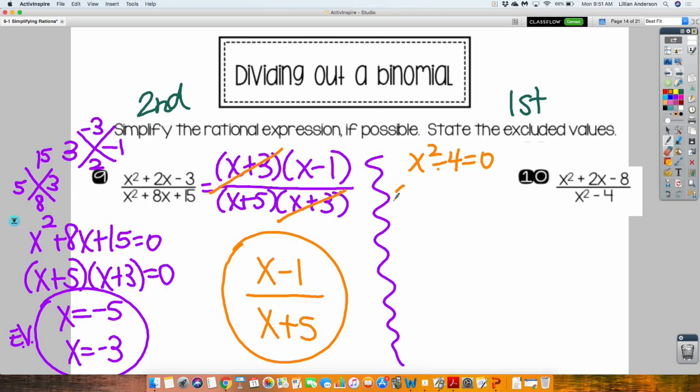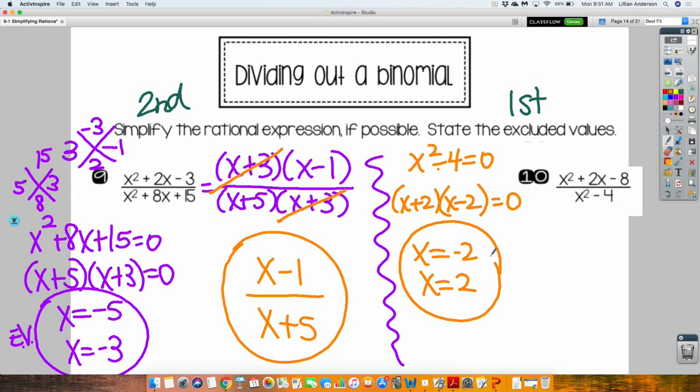So to factor them, we need to take the square root of x squared and the square root of 4. That's how it factors. Then we set them equal to 0. When I set them equal to 0, x equals what? -2 and +2. These are our excluded values.